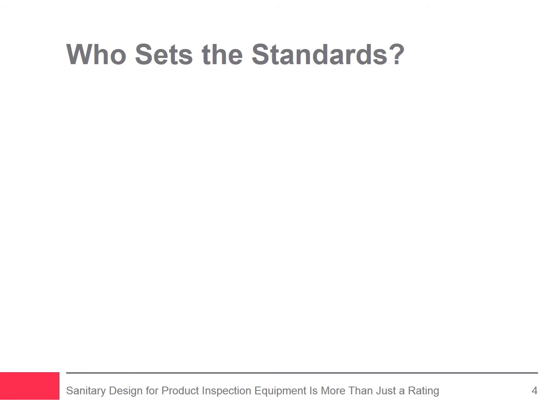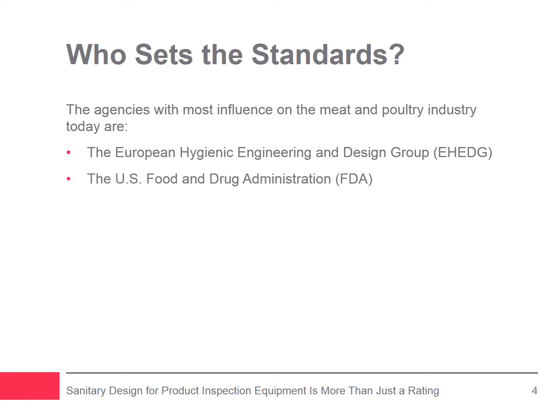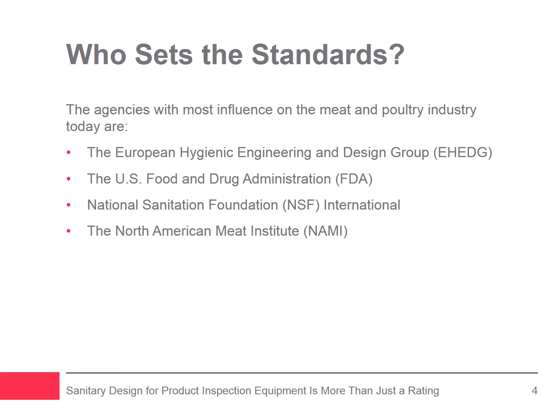Several agencies exist which influence and regulate the sanitation procedures of food goods. The ones with most influence on the meat and poultry industry today are the European Hygienic Engineering and Design Group, EHEDG, the U.S. Food and Drug Administration, FDA, National Sanitation Foundation, NSF International, and the North American Meat Institute, NAMI.